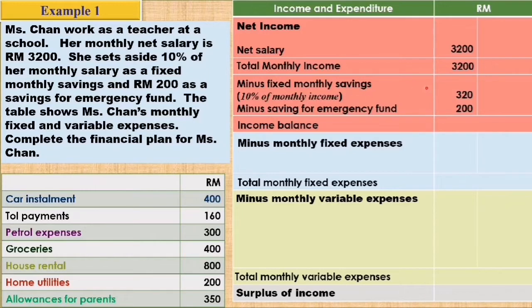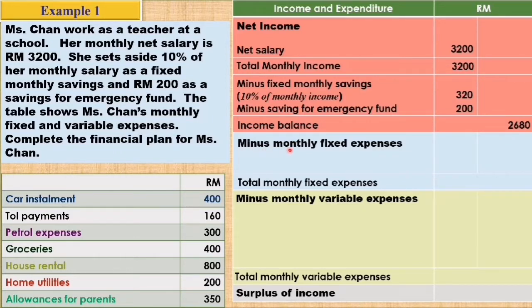So 10% of 3,200 is 320. And also she saved 200 as an emergency fund. So now the income balance is 3,200 minus 320 and minus 200 equals 2,680 ringgit.